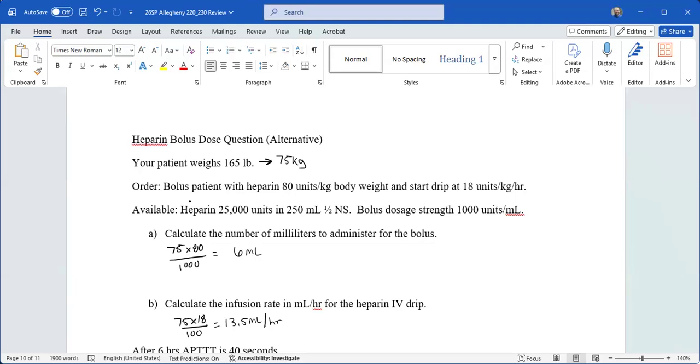The longhand way, which is the way that you should be doing it, just in case they were to ask you different ways, is you would take the 75 kilograms times the 80 units per kilogram and then times the 1 mL per 1,000 units to get your 6 milliliters.